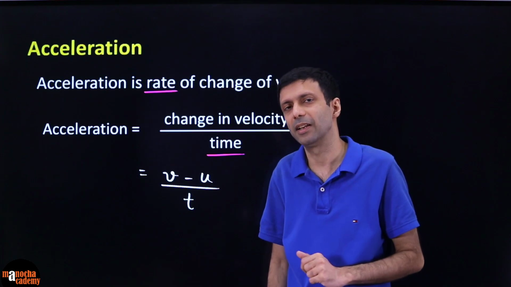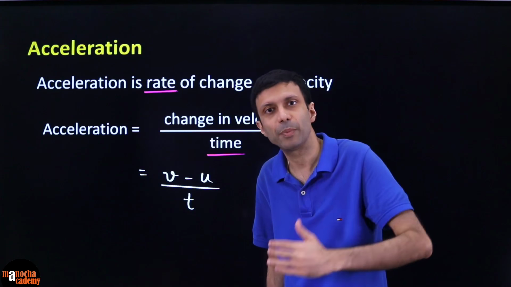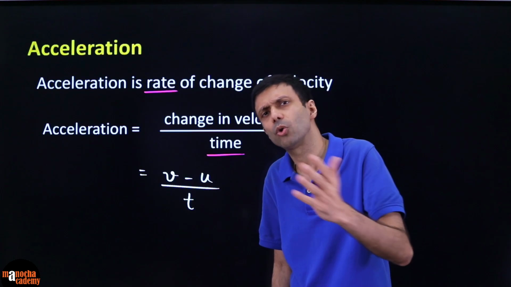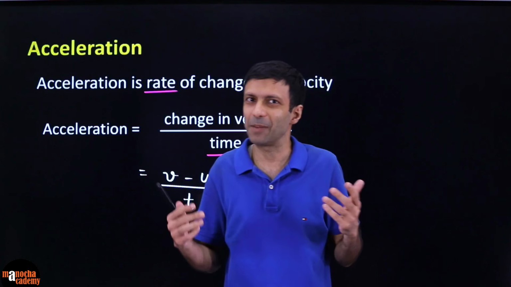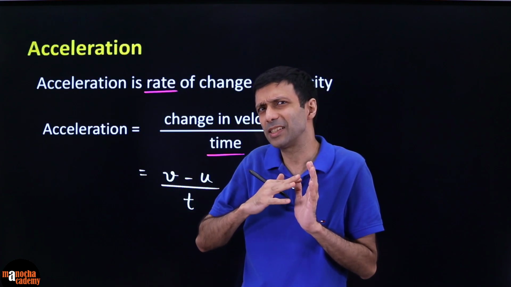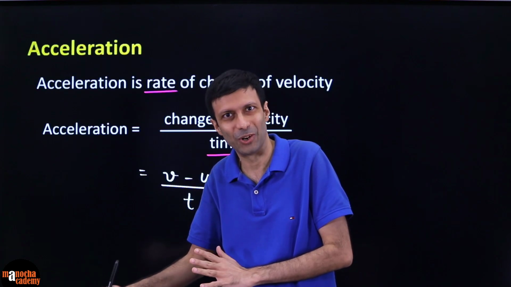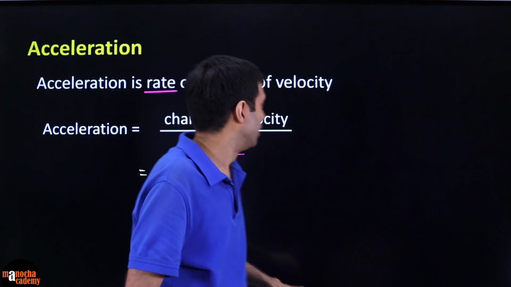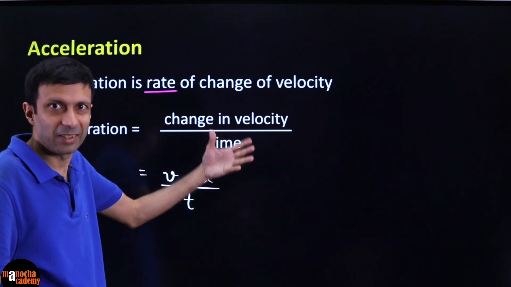But one important thing here, when we say change in velocity, does it always mean speeding up, increasing in velocity, or could it be decreasing velocity? What do you guys think? Very good. It can be both. Acceleration is a very interesting term. It always looks like something is going faster and faster, but it can mean going slower and slower also. So please remember, this change could be a positive value if v minus u is greater than 0, right?